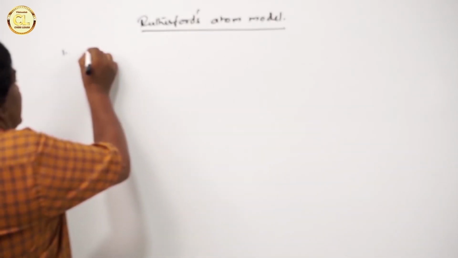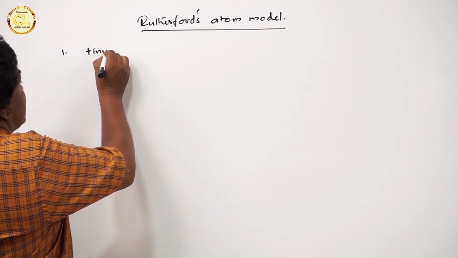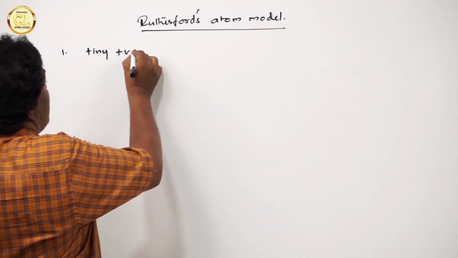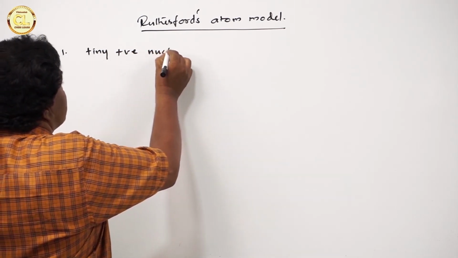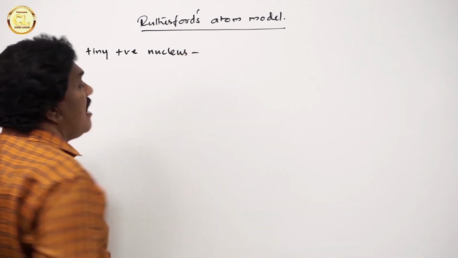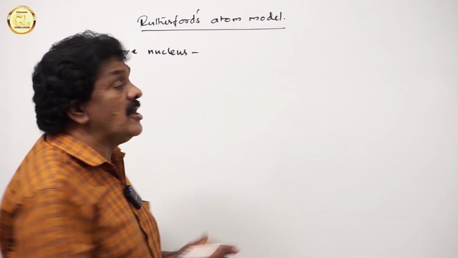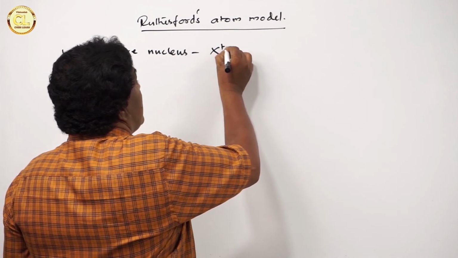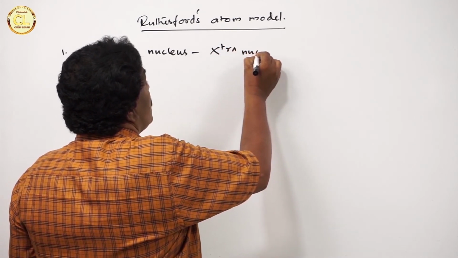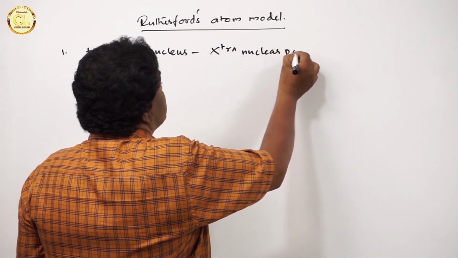Atom consists of a tiny positively charged center, called nucleus, and there is a large space around the nucleus called extranuclear part.